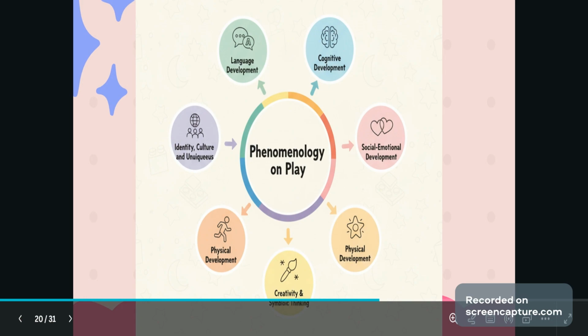Okay, next is social emotional development. Sa phenomenology helps teachers understand play as a safe space where children explore emotions, relationships, and social roles.